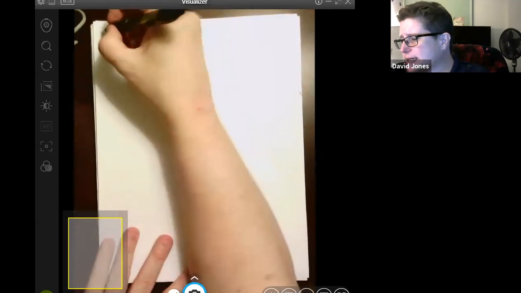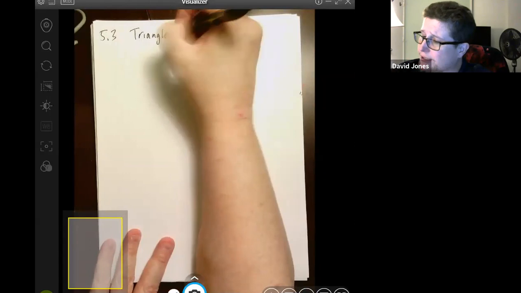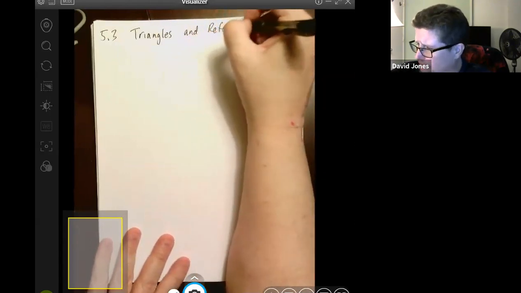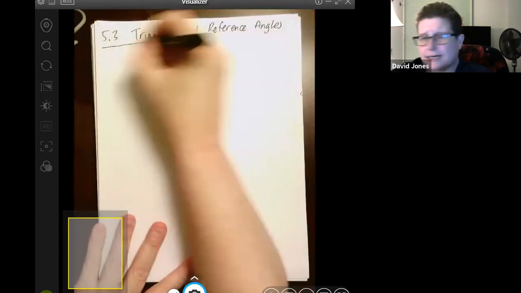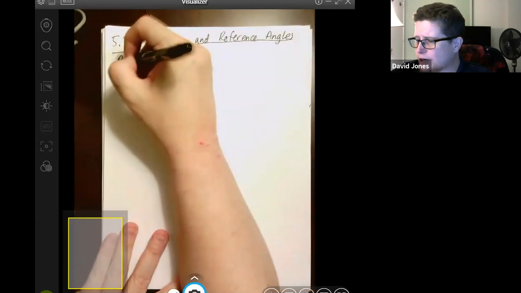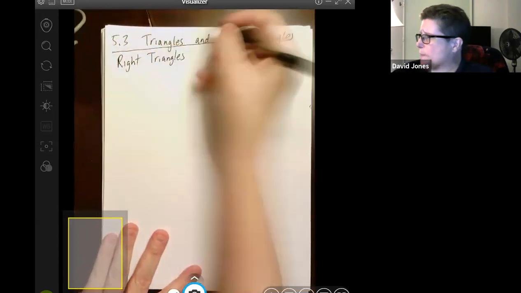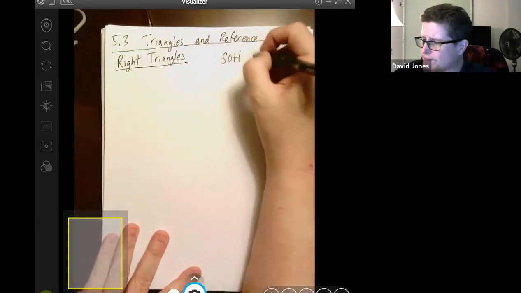5.3 is on triangles and reference angles. Okay, under triangles, let's start with right triangles. In right triangles, we have the good old SOHCAHTOA.